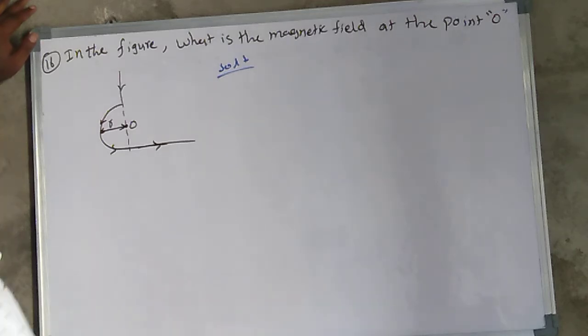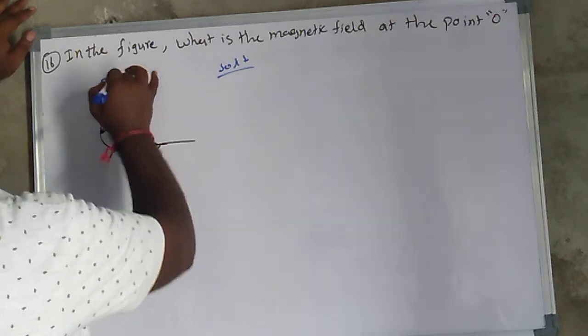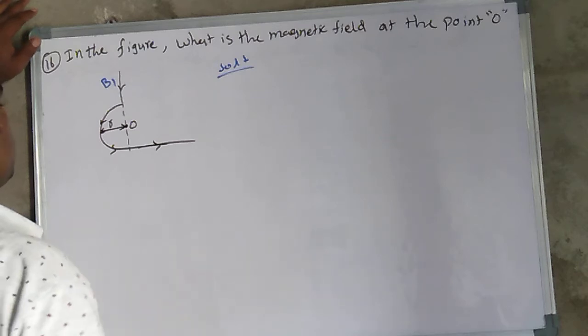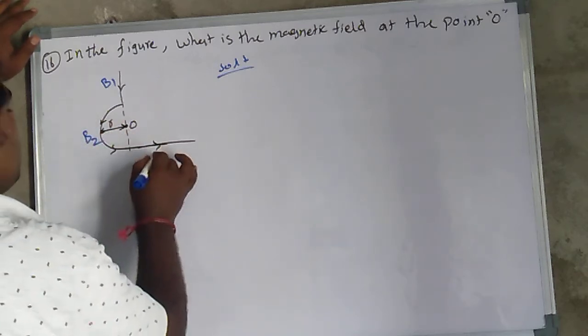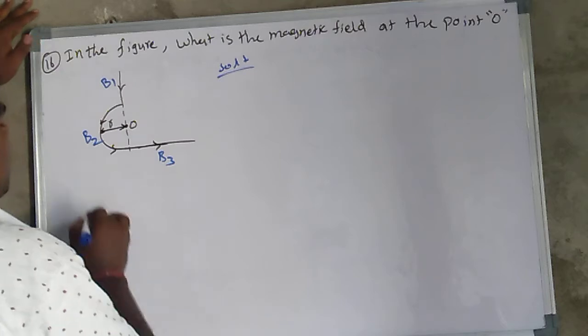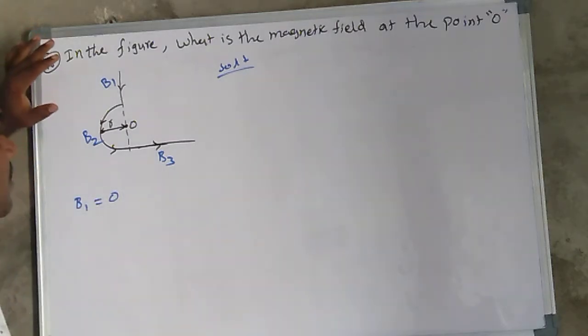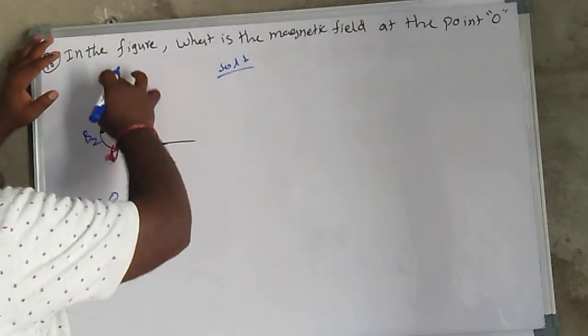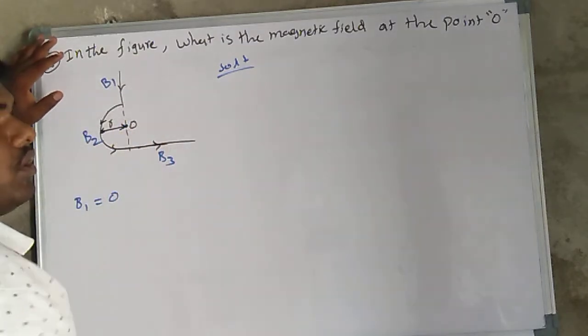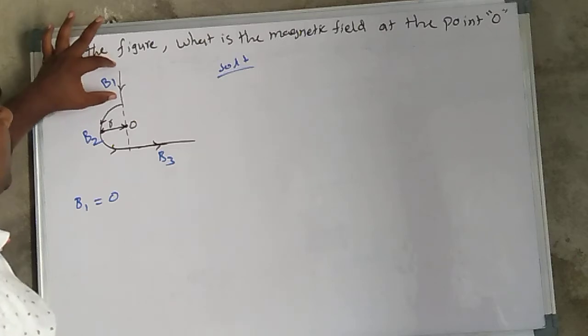You may identify the magnetic induction. This wire is already considered B1, here B2, here B3. So the B1 magnetic induction is equal to 0 because this line extended to O lies on this wire only.